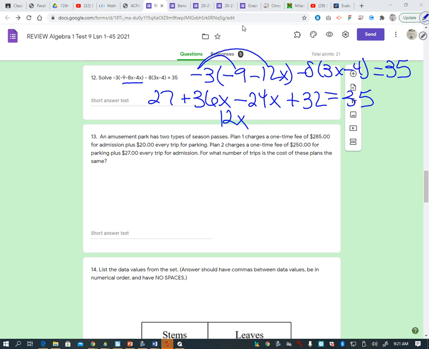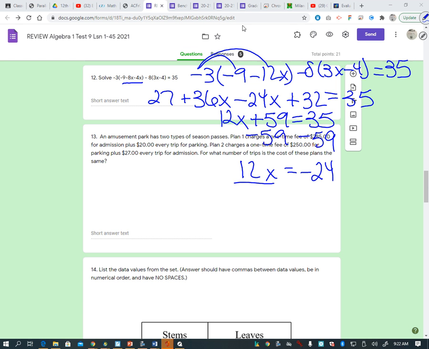Plus 59 equals 35. What's next? Subtract 59 from both sides, isolating the variable as much as possible. Minus 59, minus 59. 12x, what is 35 minus 59? Negative 24.